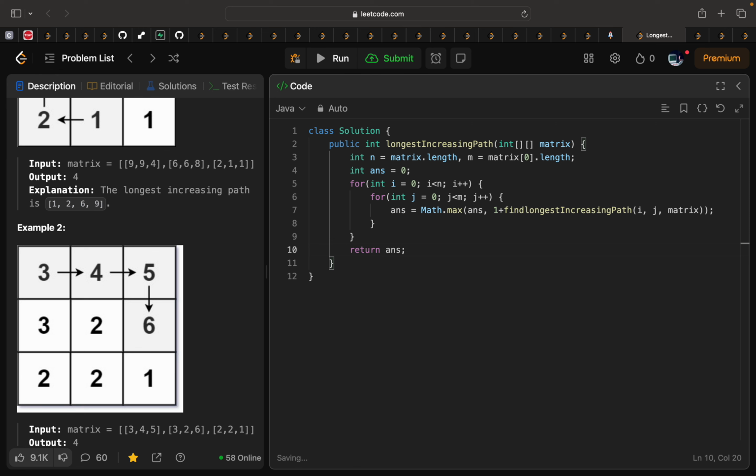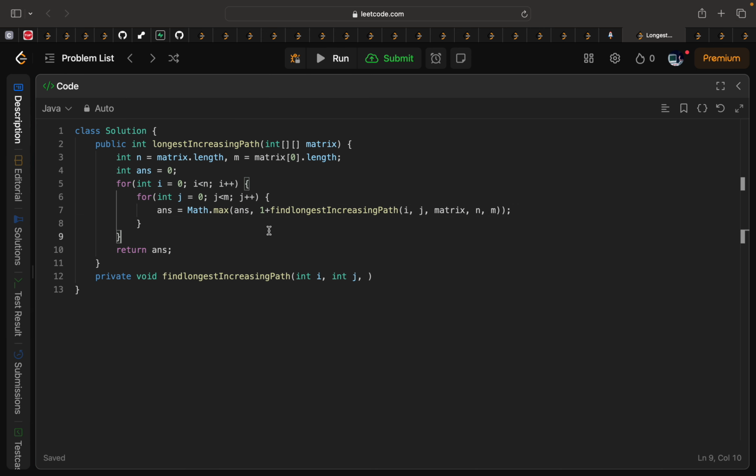Okay, so let's implement this function. Initially we are at this position in the cell. We can also pass n and m: int n, int m.